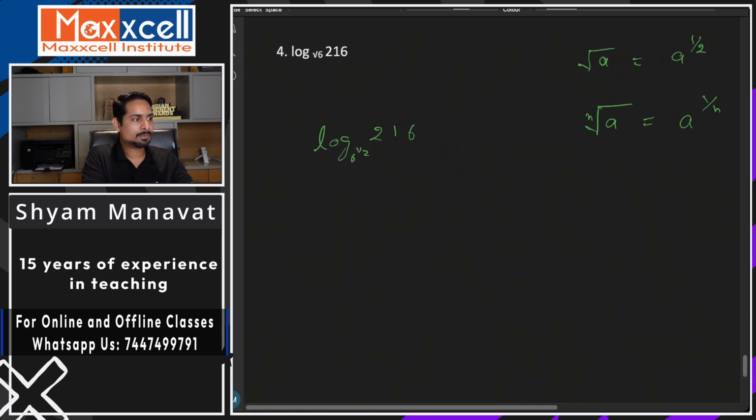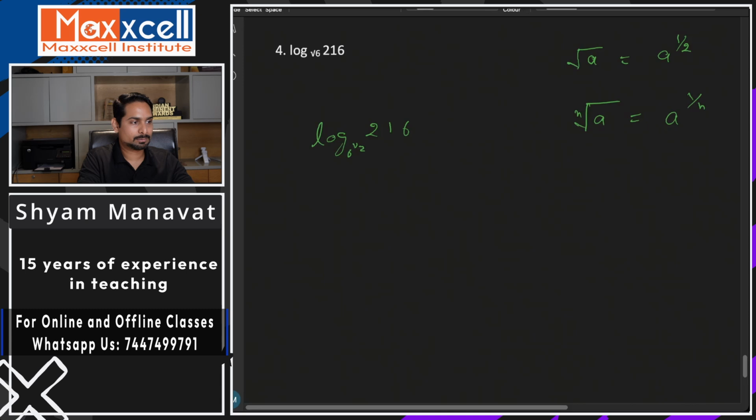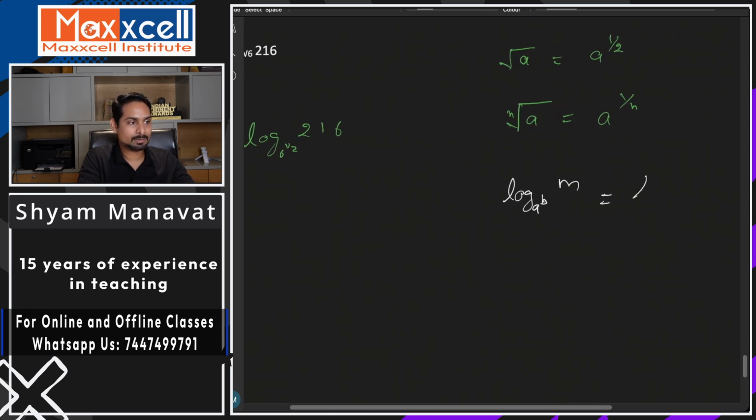Now we know the rule of log: log of m base a raised to b can be written as log of m base a divided by b. Remember, when you have a power of the number, that will come as multiplication, but when you have a power of the base, that will come as division.